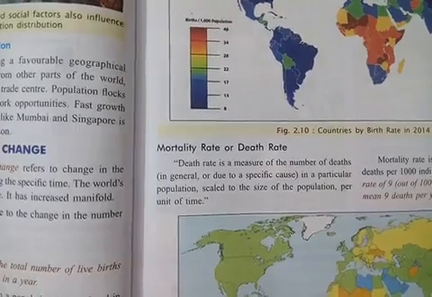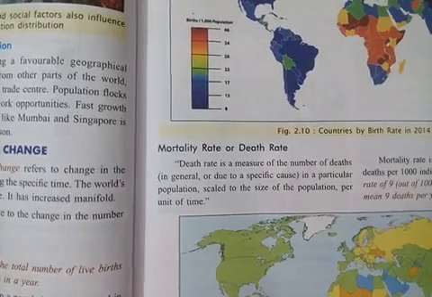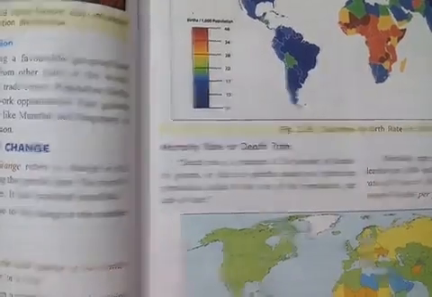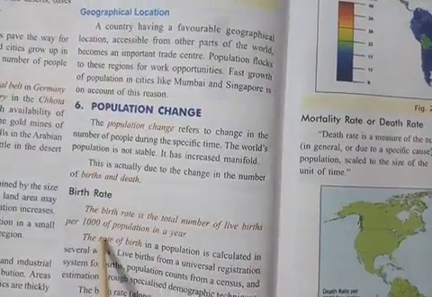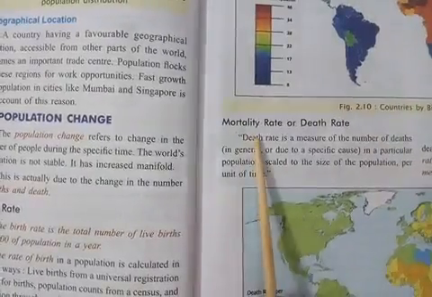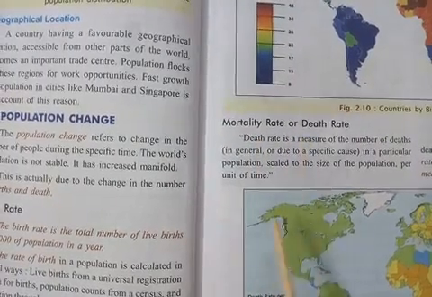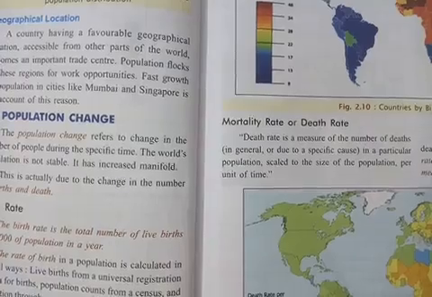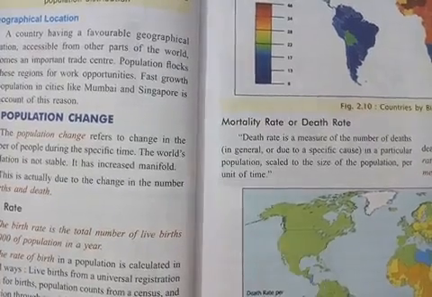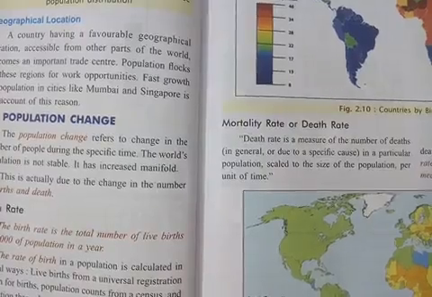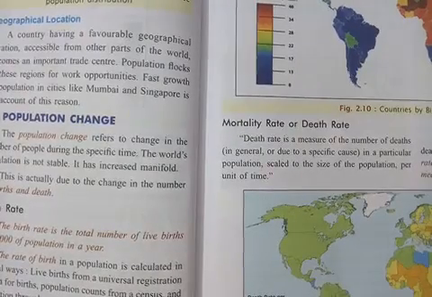As newborn infants are taking birth here, the mortality rate is less, and this is why it shows the population is increasing at a rapid rate. So there is a very rapid growth of population taking place.